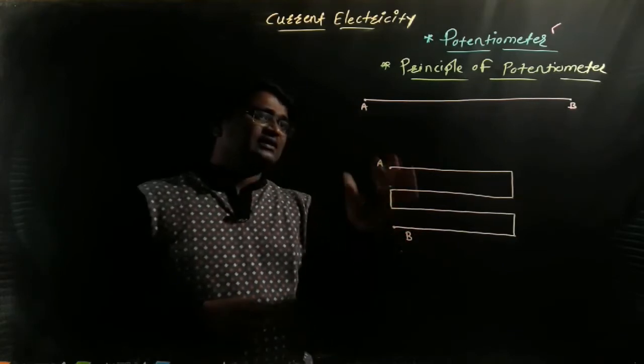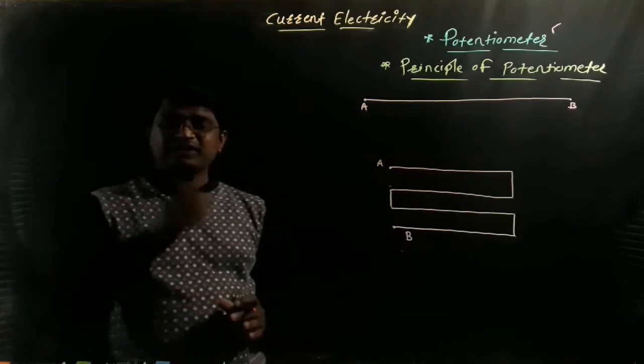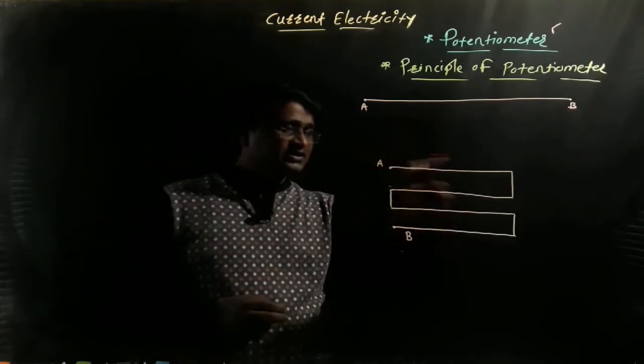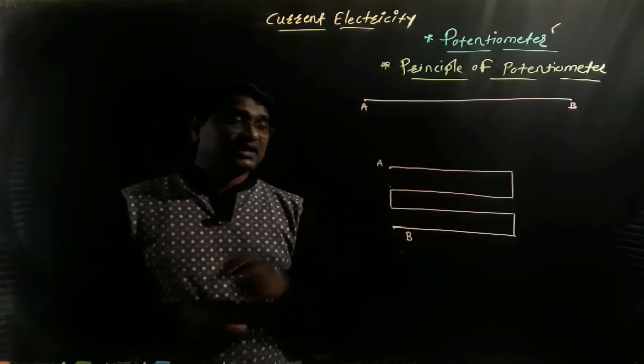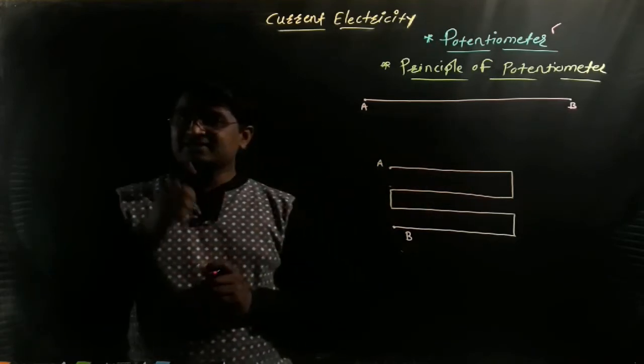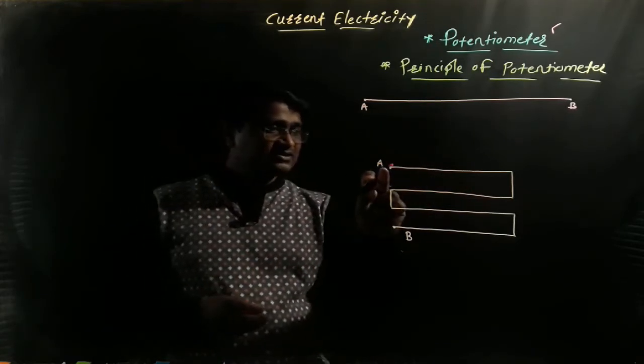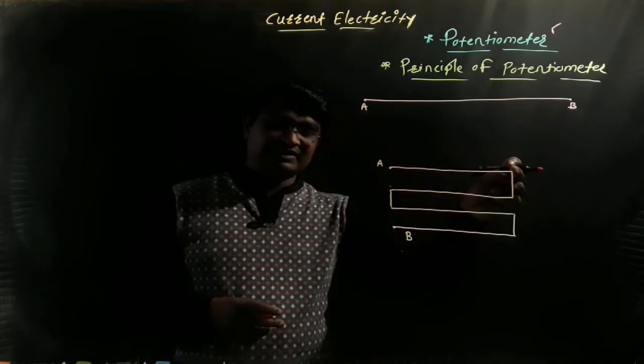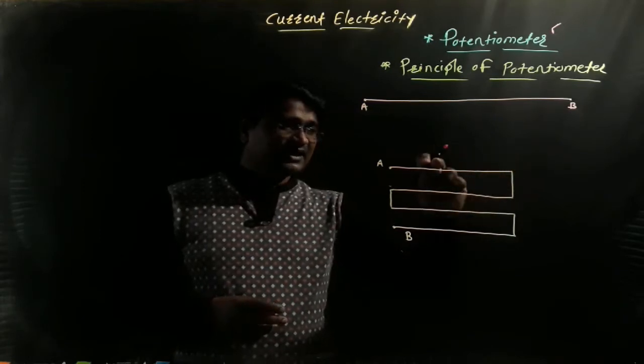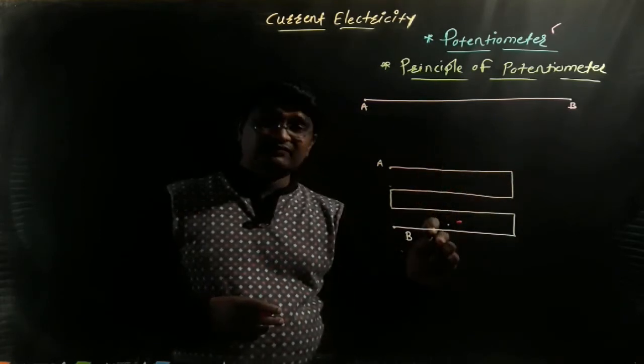AB is a long wire, near about 2 to 10 meter long, divided into a number of segments, each of length 100 centimeter. It means the distance from A to the end of the first segment is 100 centimeter: 100, 200, 300 and 400.